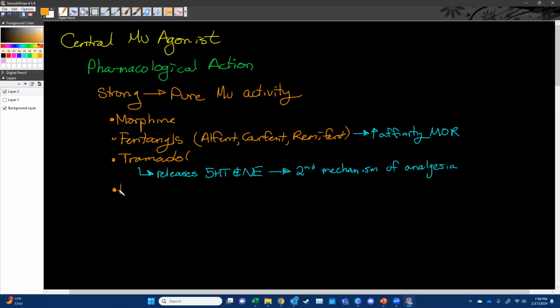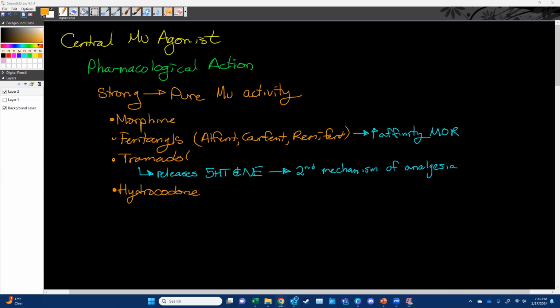The next one we're going to look at is hydrocodone. I almost want to go into medchem a little bit because it would help explain where these are all coming from.